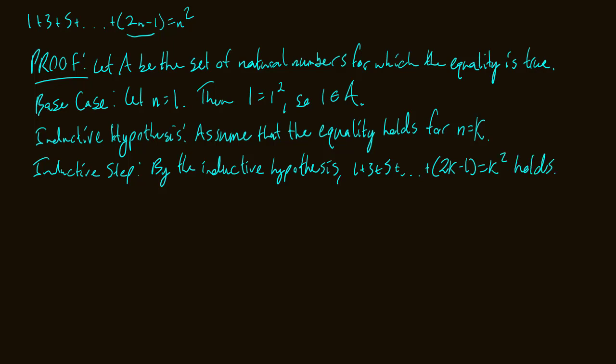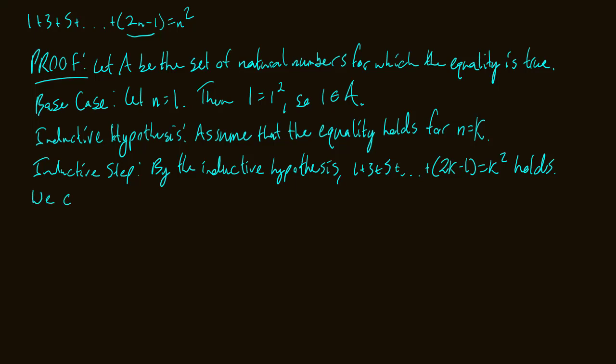Now, what exactly do we want to show? We want to show that 1 plus 3 plus 5 plus ... plus 2k minus 1 plus, and now we want the next odd integer, so the next odd integer would be 2k plus 1, is equal to k plus 1 squared. This is what we want to show. So how are we going to do that? We're going to use our inductive hypothesis.